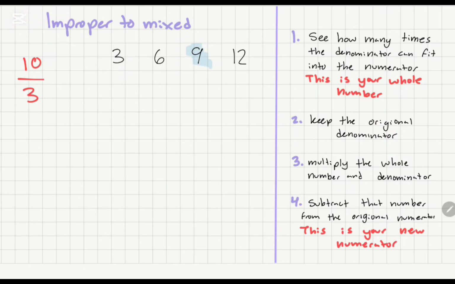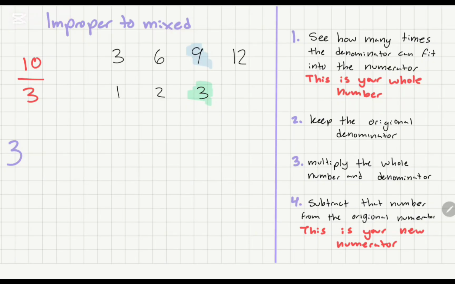And I'm going to do that just by counting. So, 1, 2, 3. I skip counted 3 times to get to 9. This 3 is going to be our whole number. So for my new fraction, 3 is going to be my new whole number.